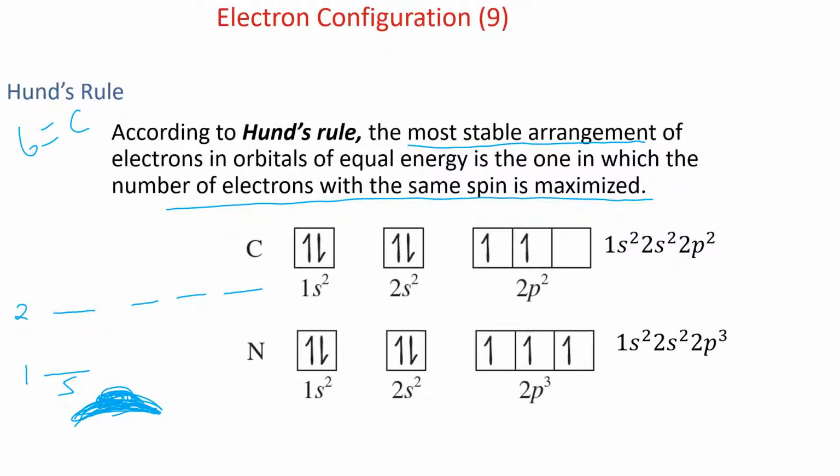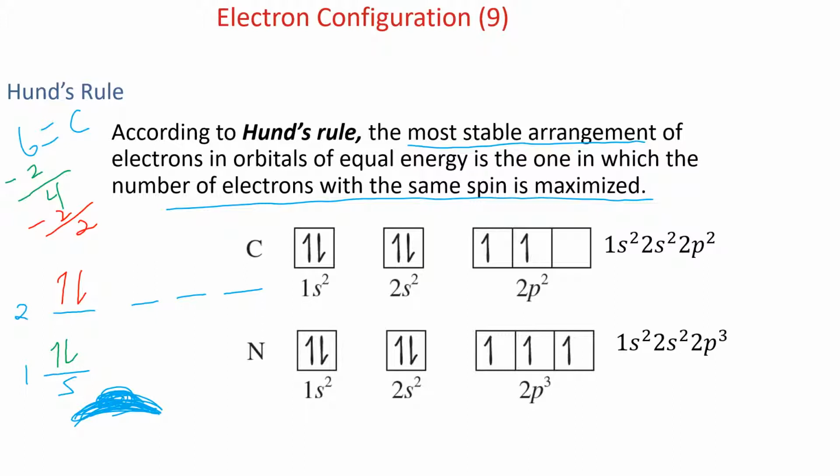So the first 2 electrons are going to fill this main energy level, the first 1s main energy level, which means I am going to have 4 electrons left. Once I have those 4 electrons left, I have to figure out where they're going to go. The next lowest is 2s. So the 2s is going to be filled with 2 oppositely spinning electrons. That leaves me with 2 electrons left.